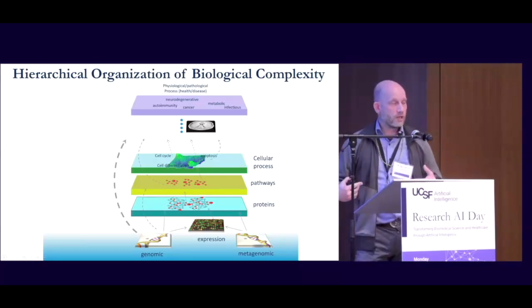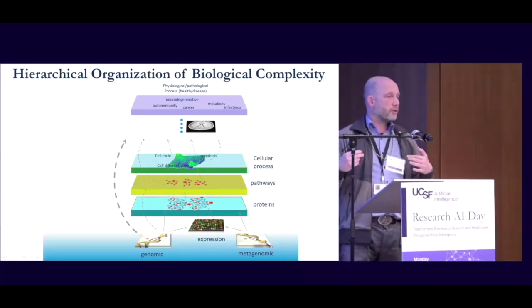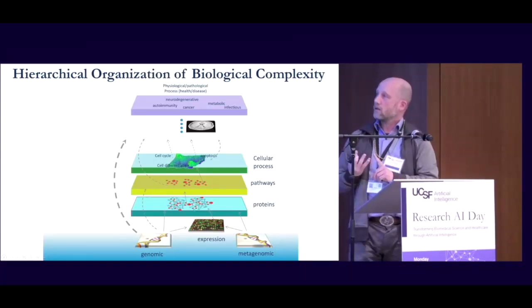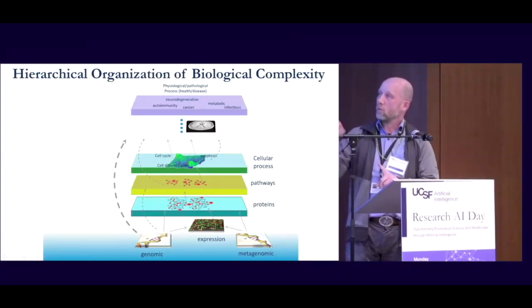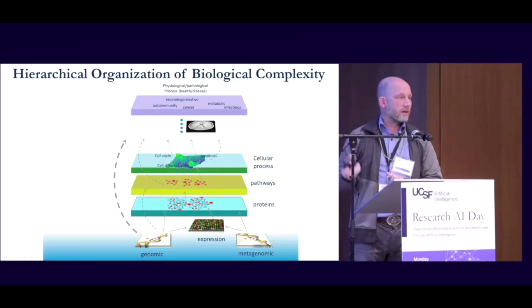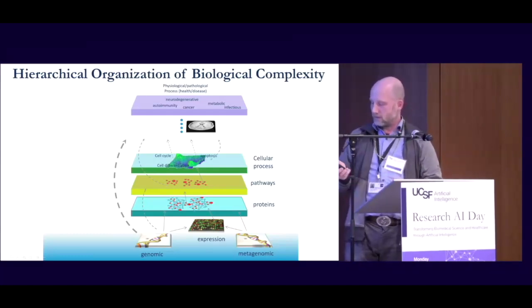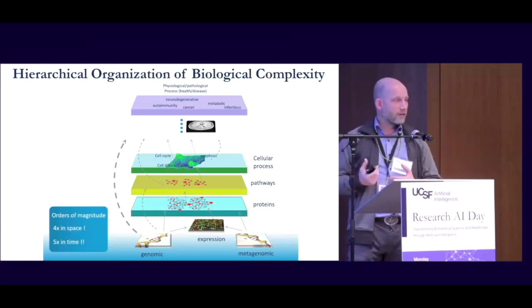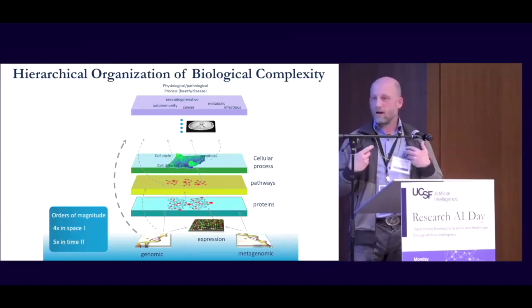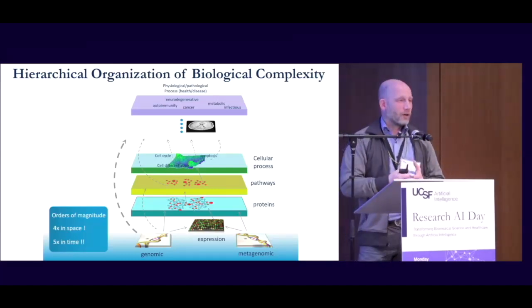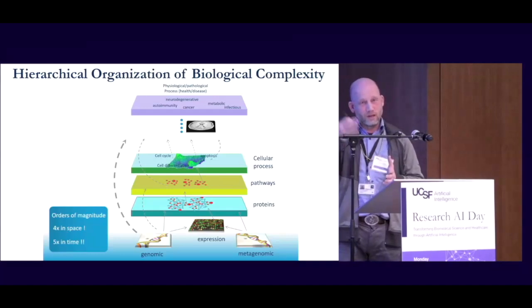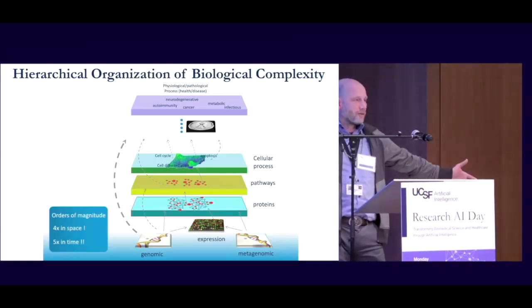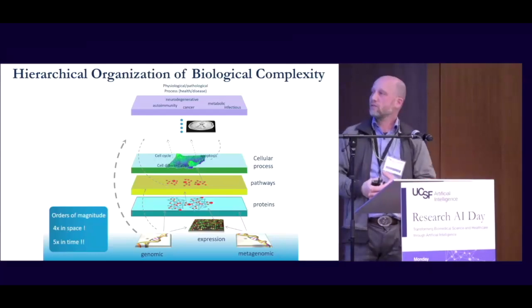All of this is connected through known connections, through ontologies, through experiments, and you can go up and down this stack of complexity. The orders of magnitude can be quantified in different ways. I think of it as going from nanometers to kilometers, which is a huge span.